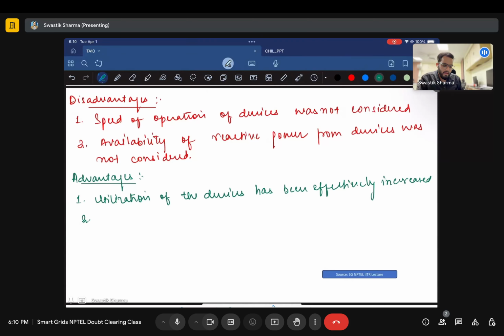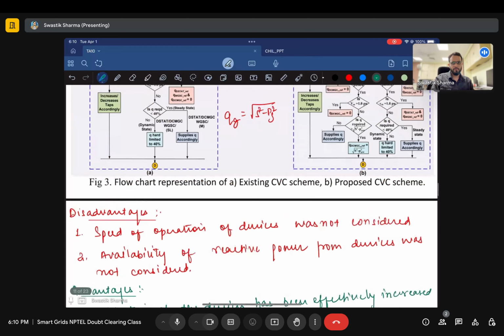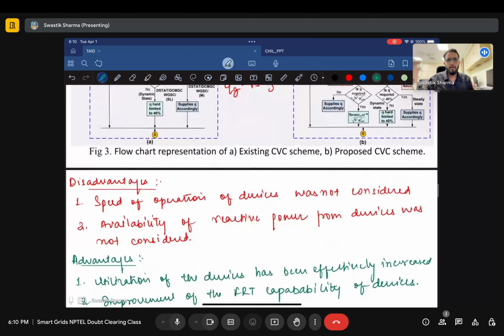Second, we have improvement of the fault ride through, FRT, fault ride through capability. Right. So you can check the slides for more, but I will just leave it here.